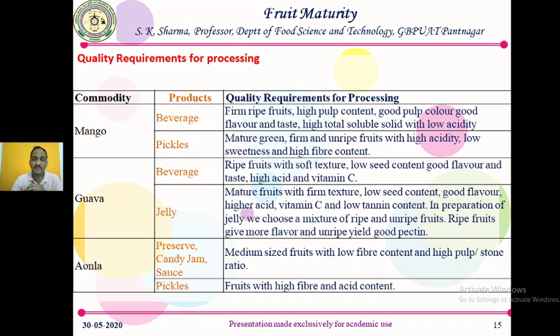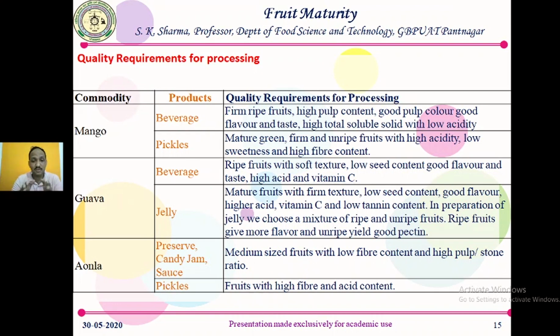But on the contrary, when you go for jelly making, when it is being made from fresh fruits, jelly is made when you have sufficient quantity of pectin, and the immature fruits, or the mature fruits, they will have higher quantities of pectin.